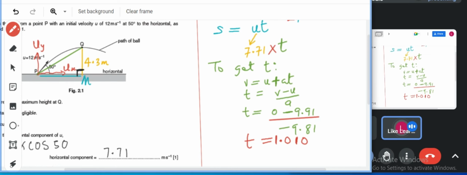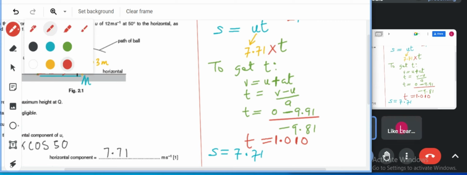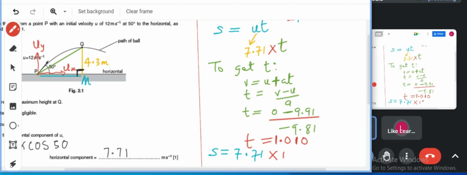So let's put it in to find S. S will now be U, which is 7.71. Remember, we already know what the U is. Times 1.010. What does that give?